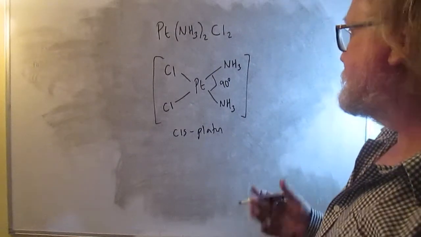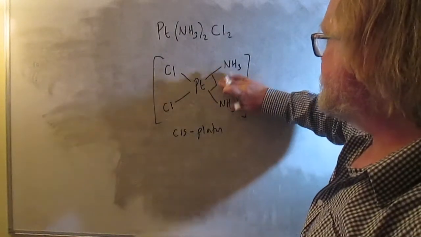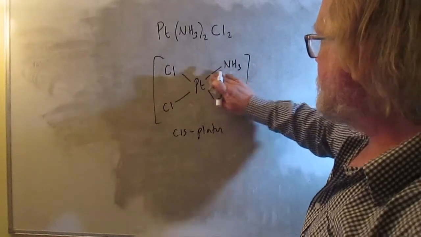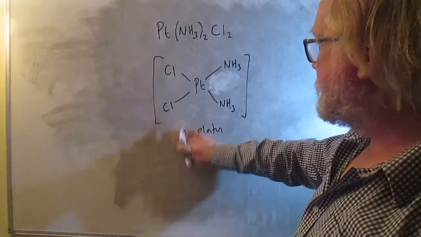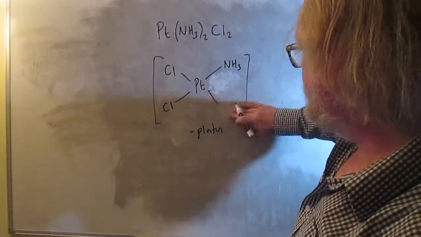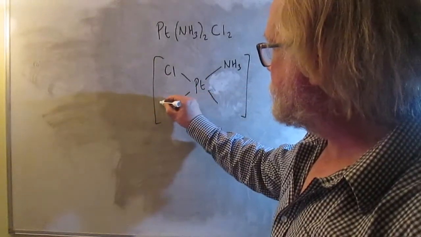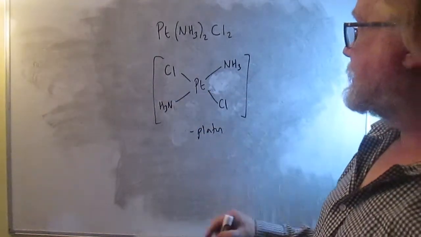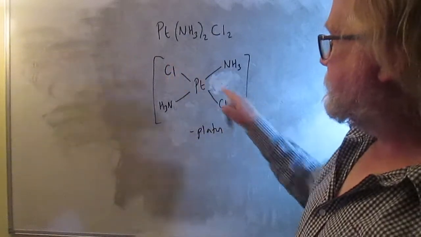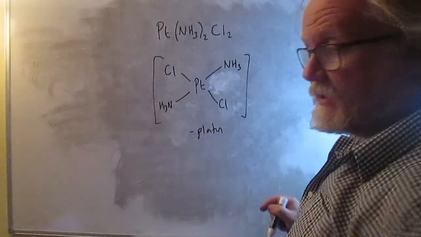It has optical isomers. No, it doesn't. What it has are cis-trans isomers, because that's the cis one. The trans one would be what you would get if you swapped those over, so that you put ammonia there and chlorine there, and that's now transplatin, because the similar ligands are now 180 degrees apart.